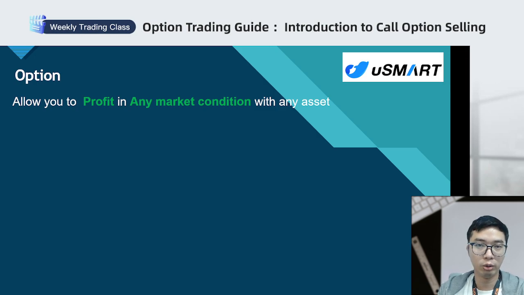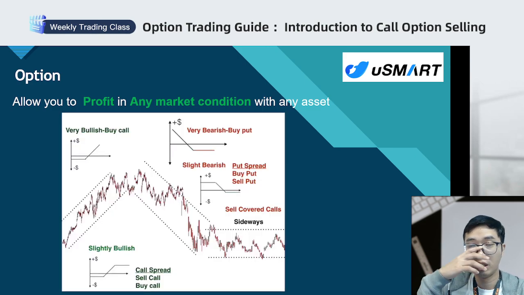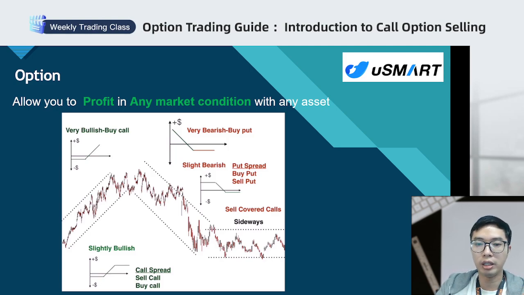Normally we use options to trade stocks and also ETFs. There are different types of option strategies in the market, whether to deploy in a bull trend, which is an uptrend, a bear trend, which is a downtrend, and also a sideways market.